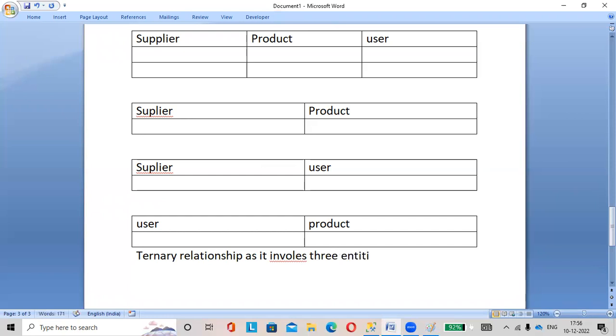What are the entities? Supplier, product, and user. Okay.